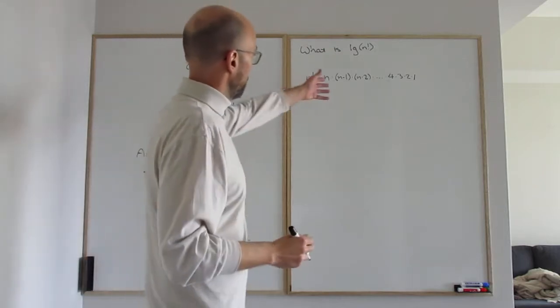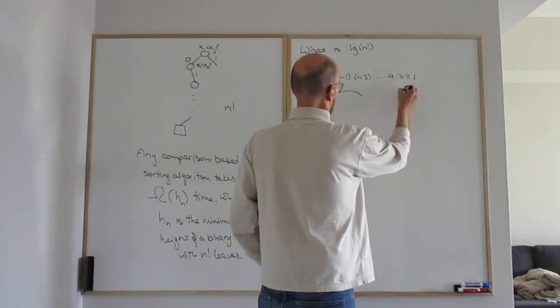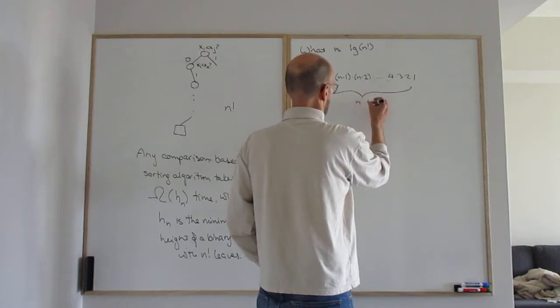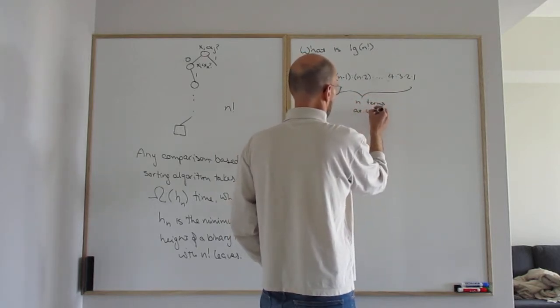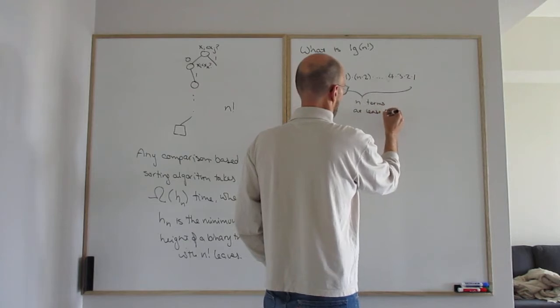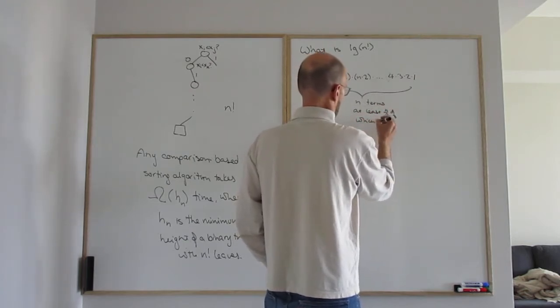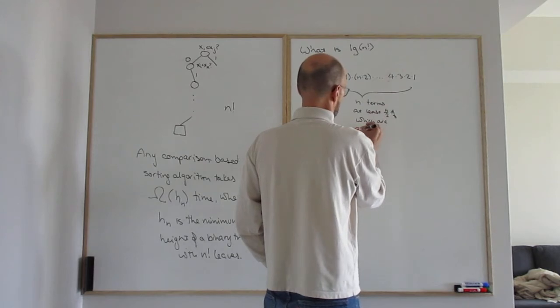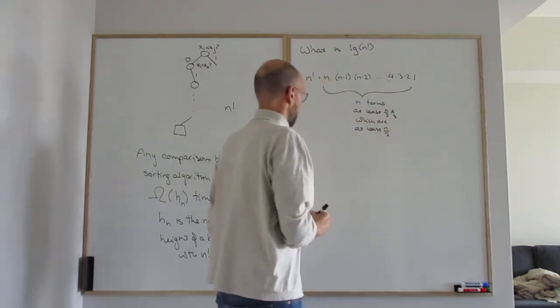So how many terms are there in here? There are n terms, at least n over 2 of which are at least n over 2.